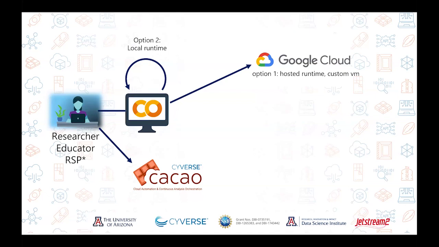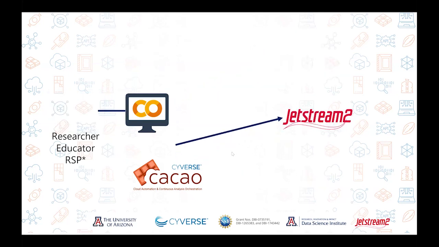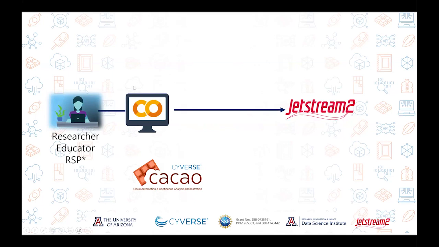So how CACAO works is that you can launch resources in AWS and Jetstream 2, and then configure Colab, your Jupyter notebook, to use that virtual machine that's launched in Jetstream or AWS.